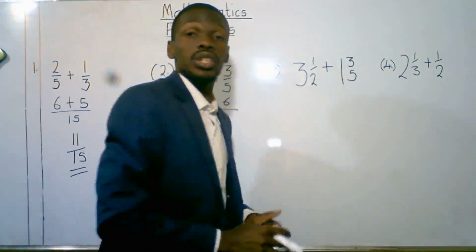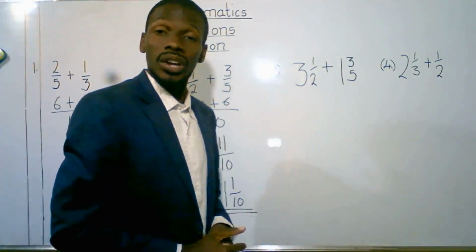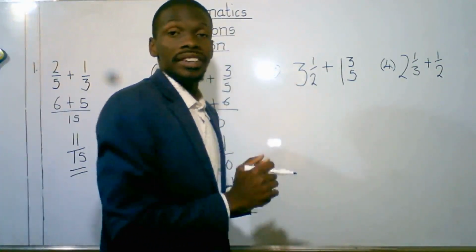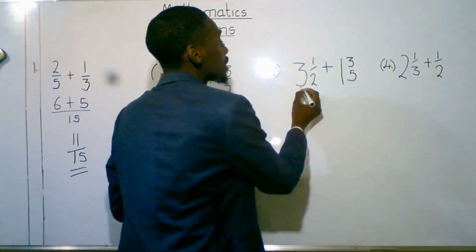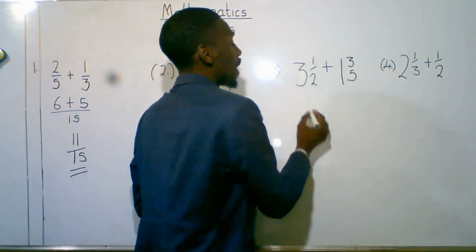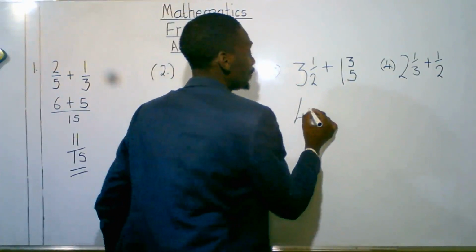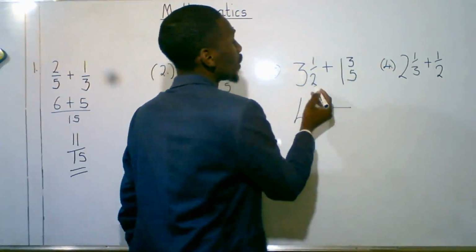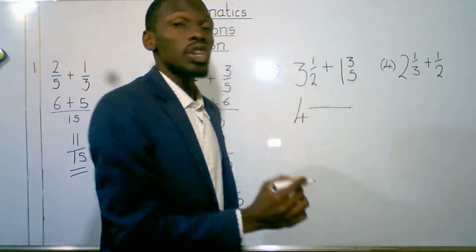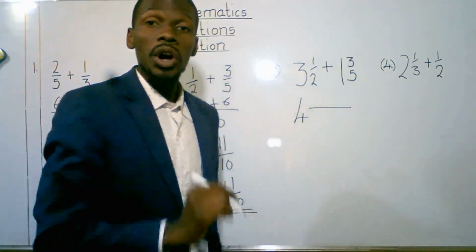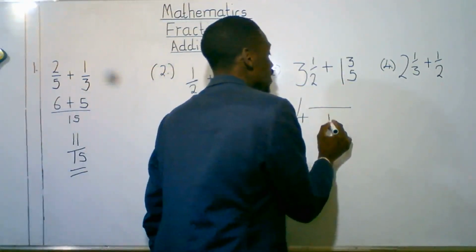The other way is to deal with the whole numbers separately. So 3 plus 1 gives us 4 as a whole number. Then we look for the lowest common multiple of 2 and 5, which is 10.